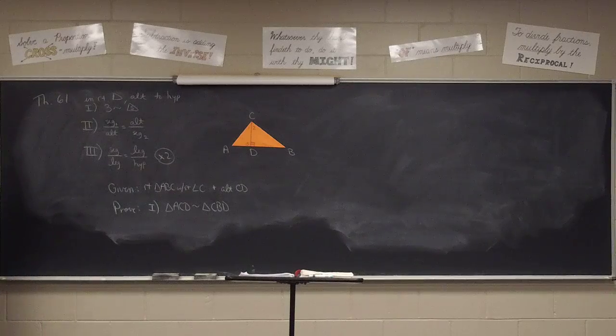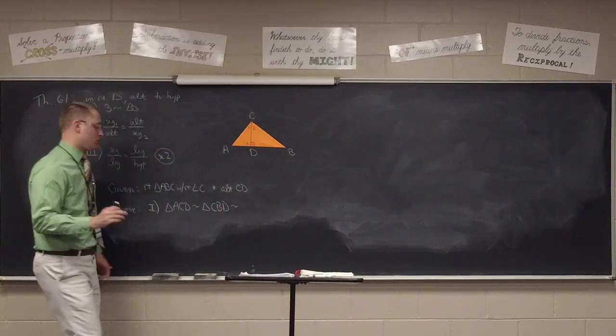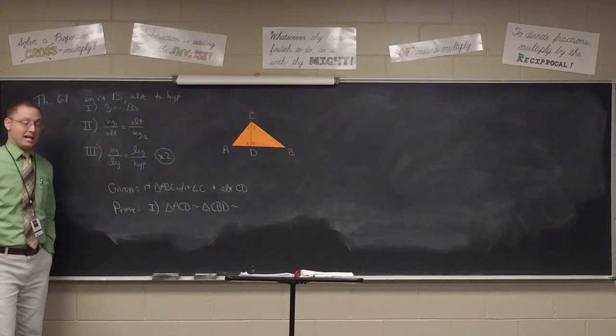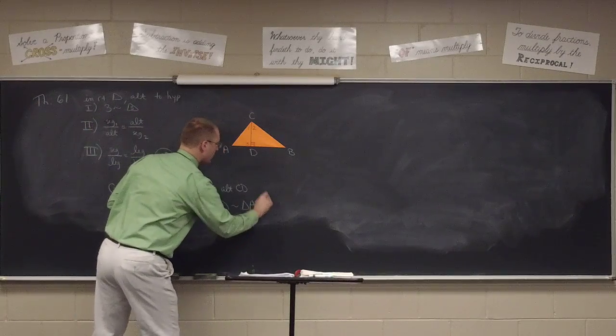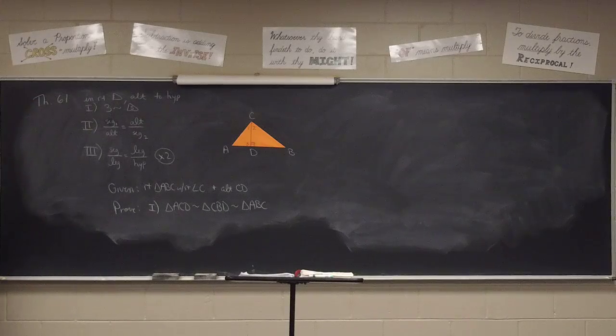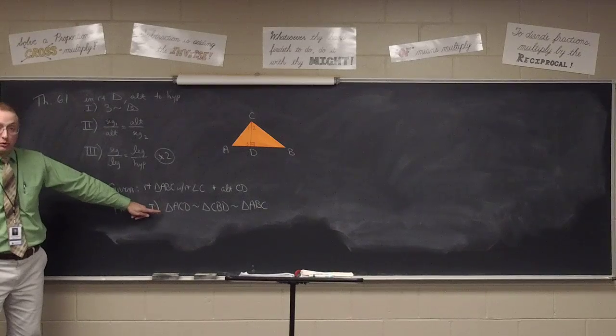So we're going to modify the lettering just a little bit there, which is also going to be similar to the given triangle, which would be ABC. So we're going to want to prove that triangle ACD is similar to triangle CBD, which is similar to triangle ABC. Now you realize that's really the crux of the proof.